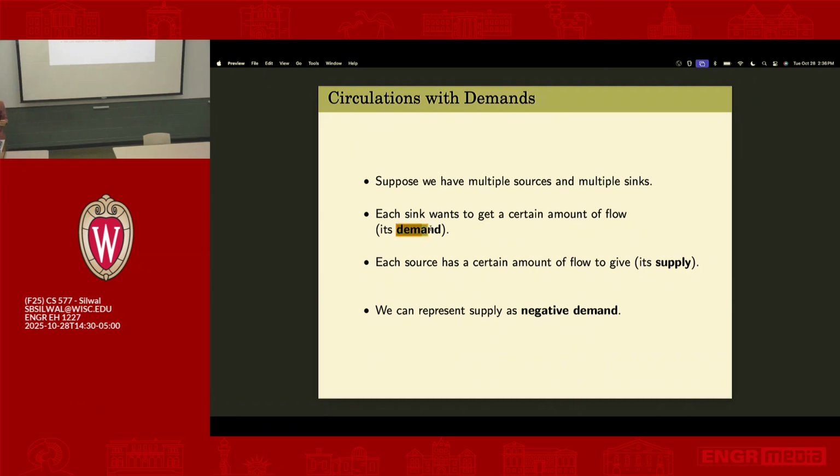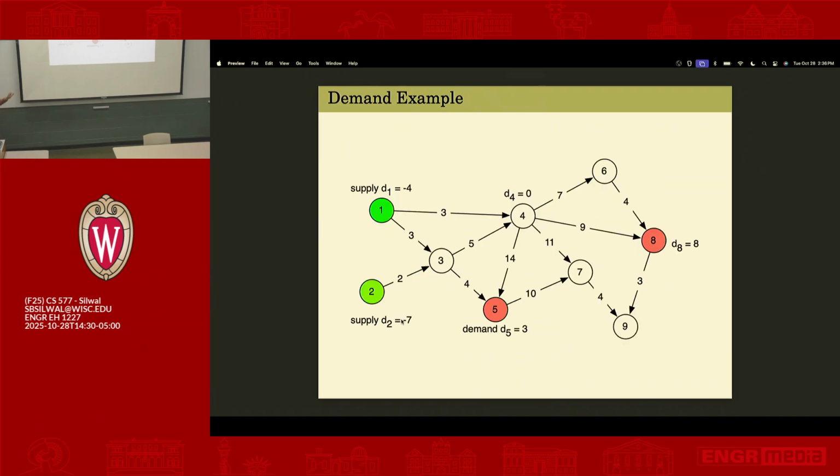So everything has a demand, and we can represent the supplies of factories as minus demand. Now the problem is this. We have these green factories with some amount of stuff. The first factory has 4 units of things, and the second factory has 7, and they must transport their things on this graph.